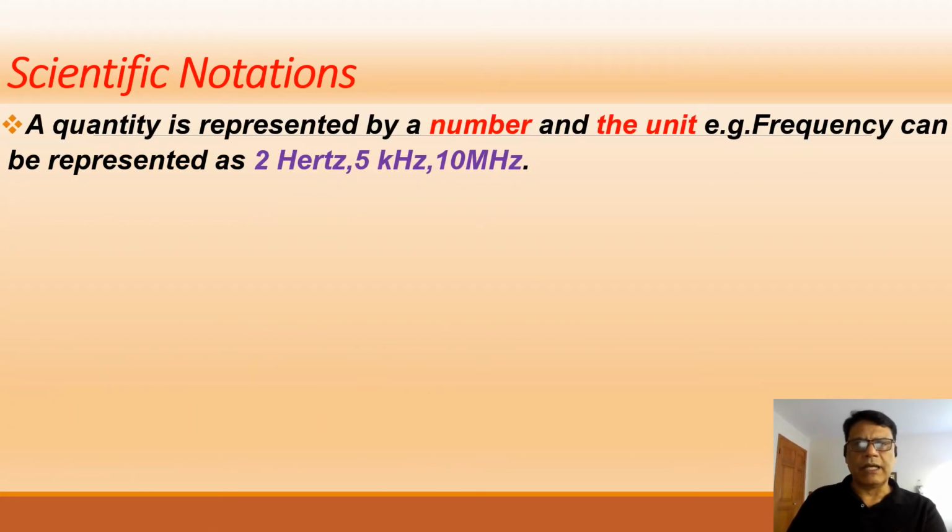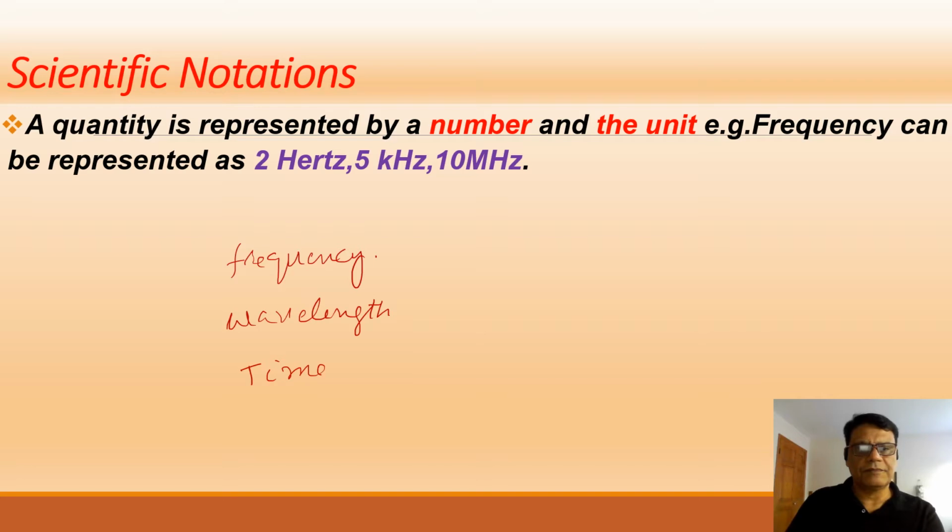Scientific notation is a way to represent a quantity, and by quantity we mean a frequency, wavelength, time period. In physics, to represent these quantities, you always need two things. Number one, a number, and the other is a unit.